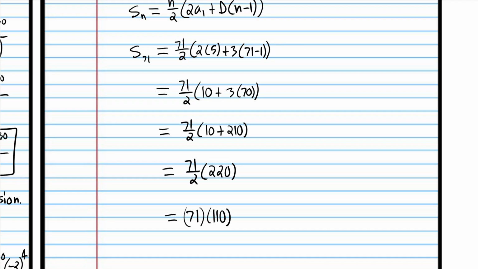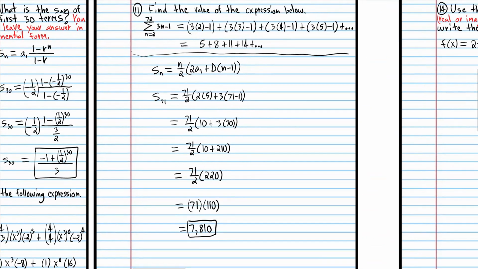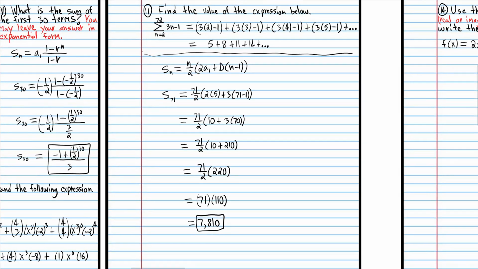So 71 times 110 is 7,810. So that is the sum here. That's the value of that expression. If you got that right, excellent.